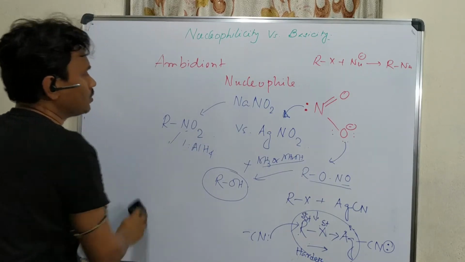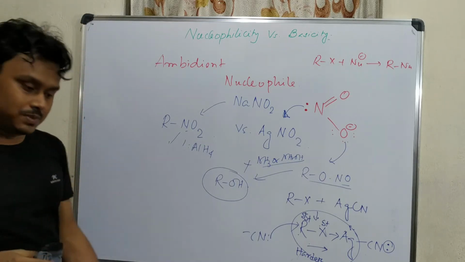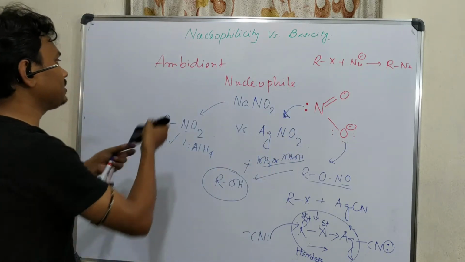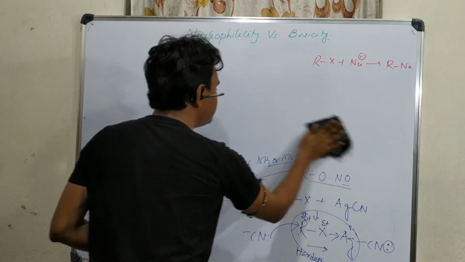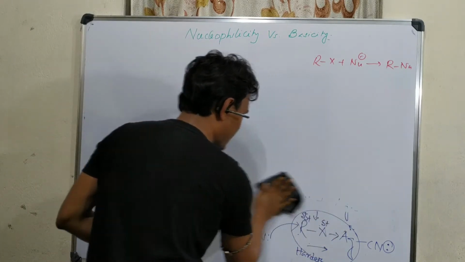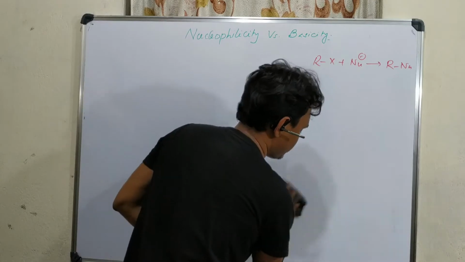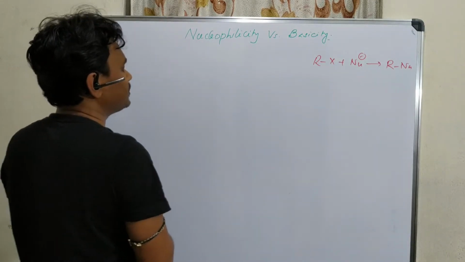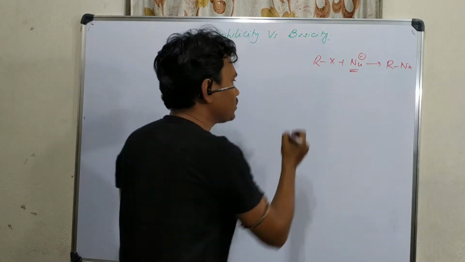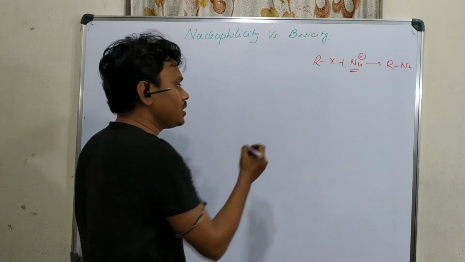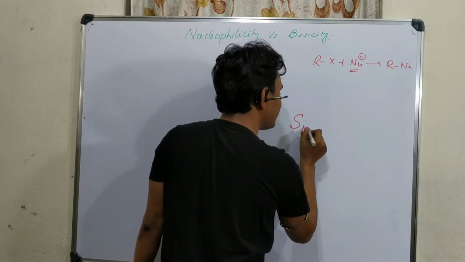So till now we have learned about nucleophilicity versus basicity. One thing I want to mention along with this is that nucleophilicity is a very important factor because it controls the nature of the substitution reaction. For example, if the nucleophile is strong enough, it may control the reaction from SN1 to SN2. Why?